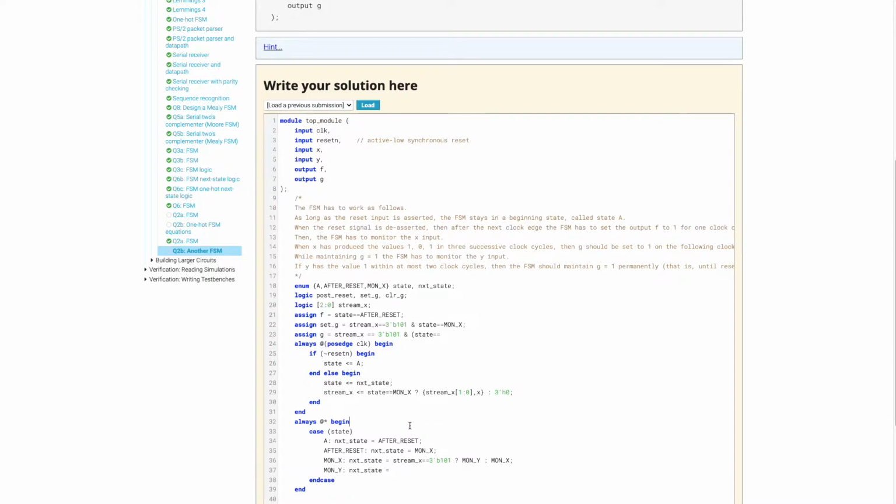So if we're 1, 0, 1, 1 being on the third cycle, then the next cycle we monitor Y, and then on the third cycle, yeah, set G will happen on the third cycle, but we need to assert G on the fourth cycle. So then actually delay this by 1 cycle.